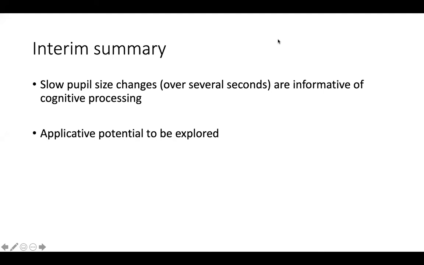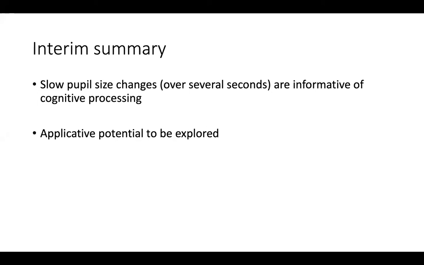To wrap up this part, it is exciting to share this line of studies on very slow pupil size changes unfolding over several seconds, which we found to be informative of cognitive processing and the mental contents of our participants.